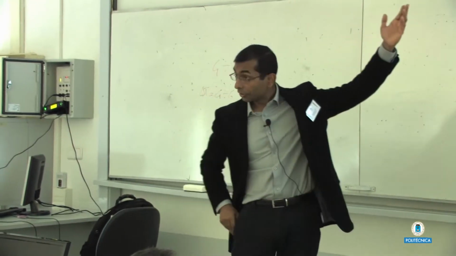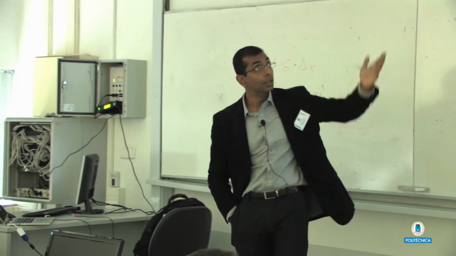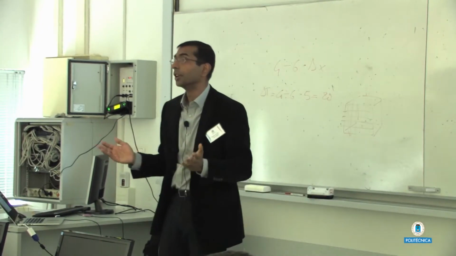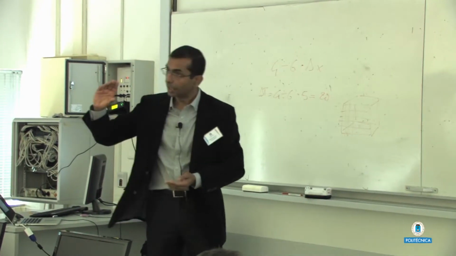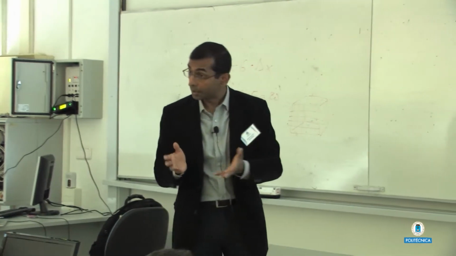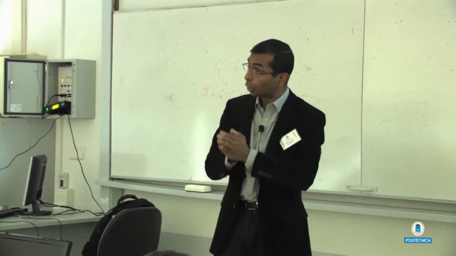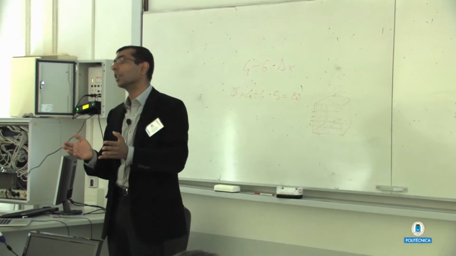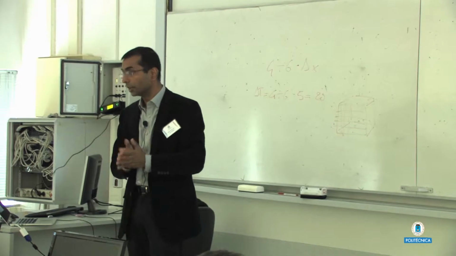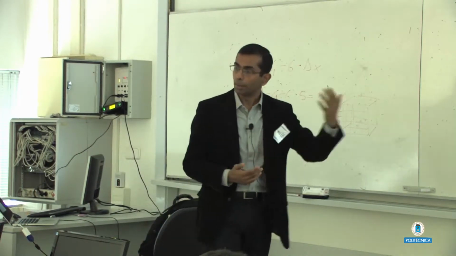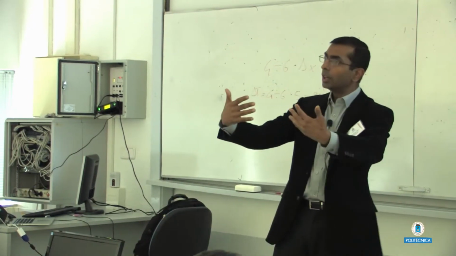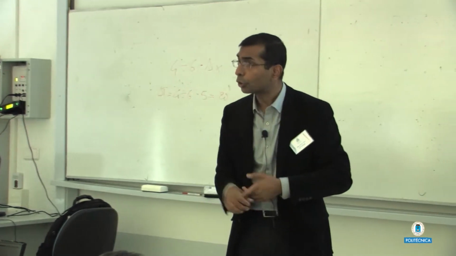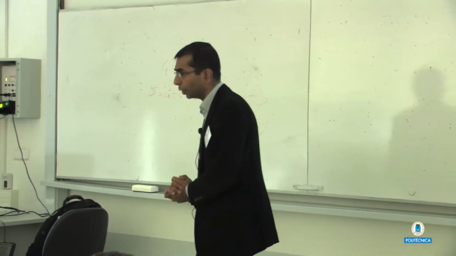Embarrassingly parallel is another term you'll have heard, and ensemble scenarios: if you want to lower the errors and have better predictability, you want to run not one scenario, you want to run many scenarios, but each of these scenarios are decoupled from one another, right? And that's why it's often called embarrassingly parallel, because they do not actually couple to each other. That's one very common, I would argue the most common, scenario that I'm sure many of you are familiar with.